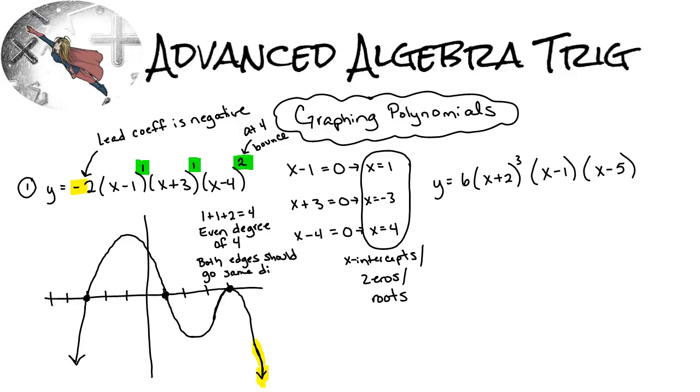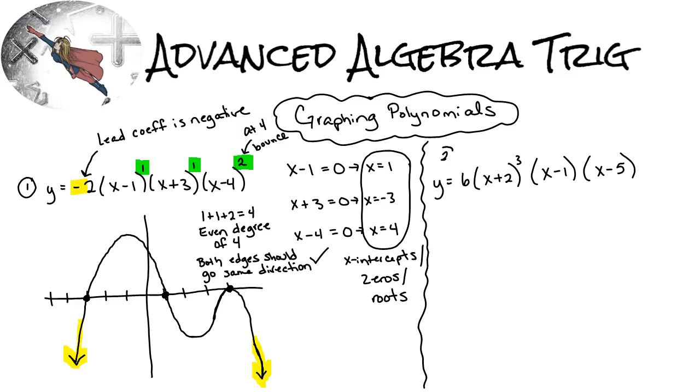So this is kind of just a way to double check your sketch, and it looks good because this edge, this is what I mean by the edges, those two yellow parts, they are both headed downward. So that makes sense. I'll just put a check mark there. And so that's the sketch of number 1.